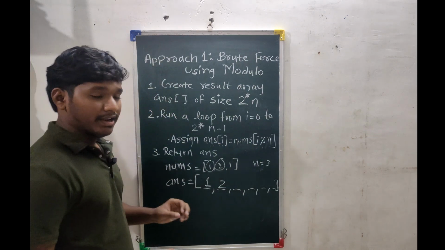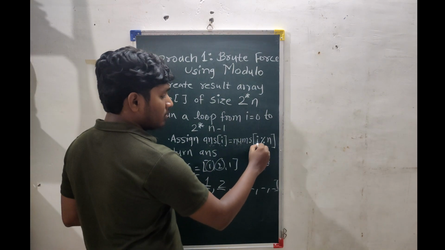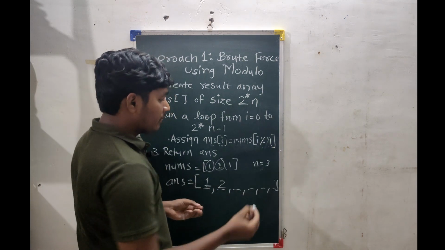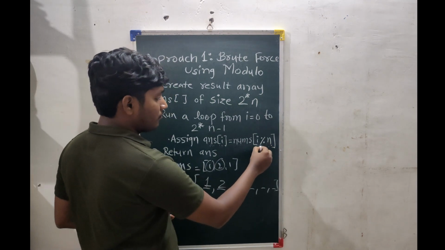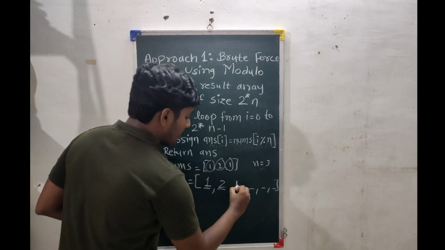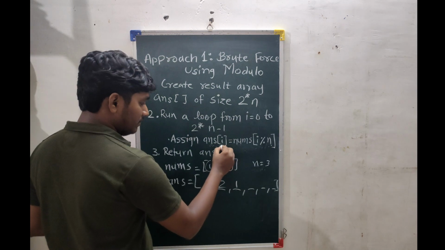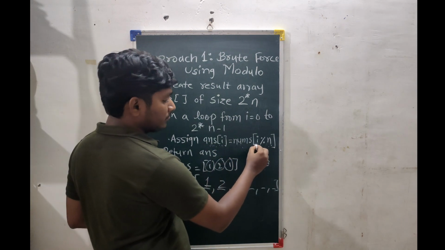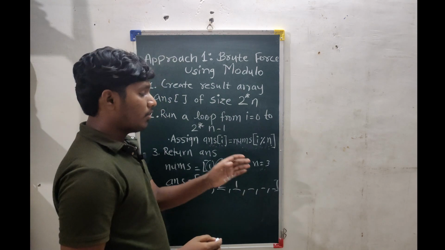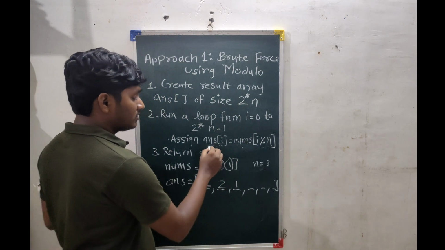In the next iteration, answer of 2 is nums of 2 modulo 3, and 2 modulo 3 is 2, hence it assigns nums of 2 to answer of 2, and nums of 2 is 1. Again it increments, and next answer of 3 is equal to nums of 3 modulo 3. So 3 modulo 3 is 0, so it assigns nums of 0 to answer of 3.